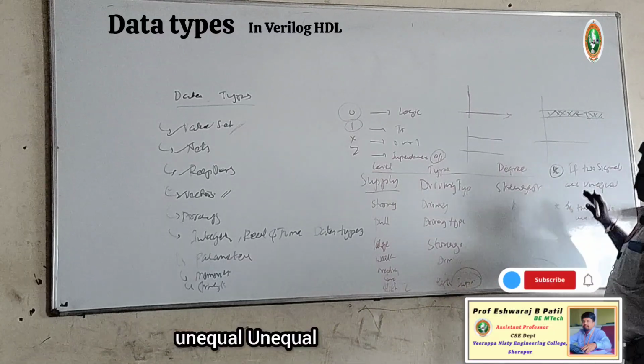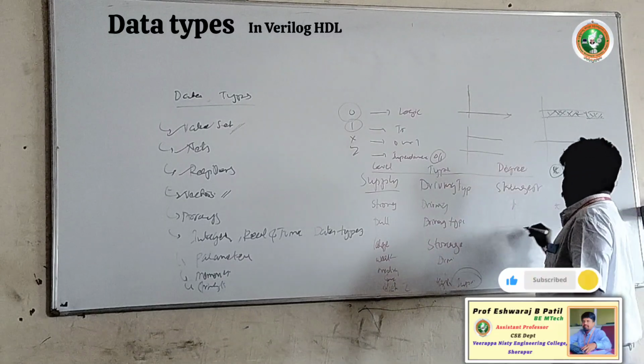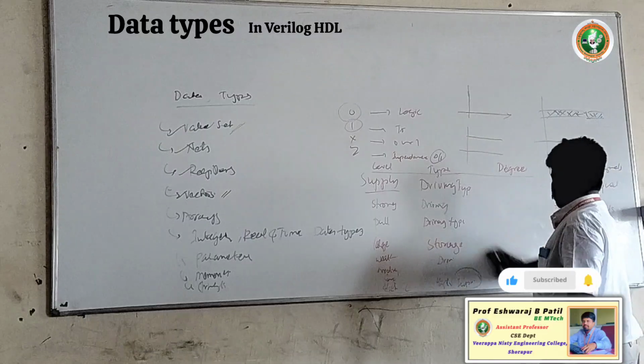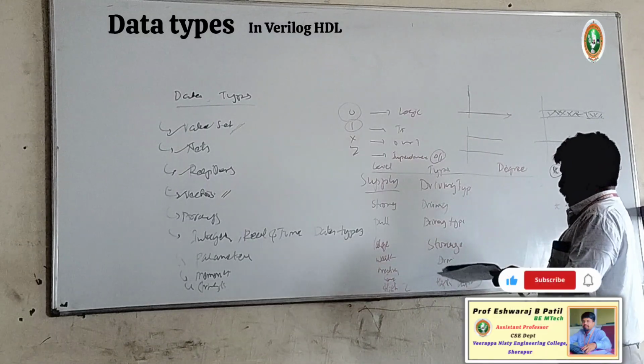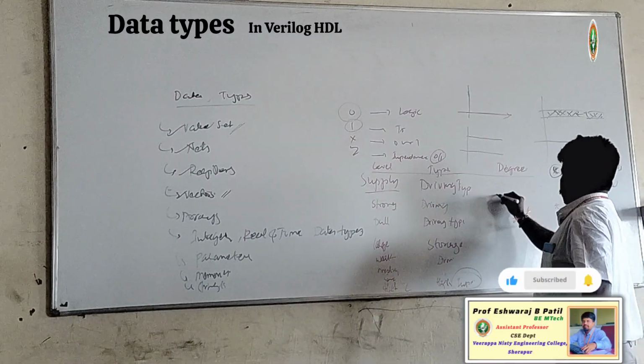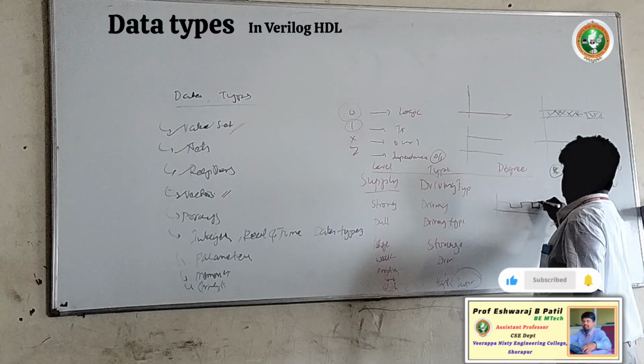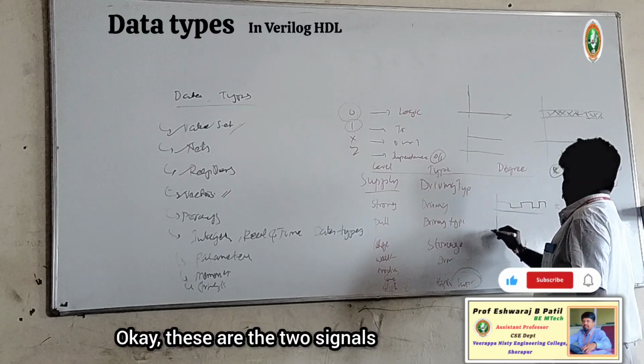Now take the unequal case. Unequal means there is one signal and another signal. Okay, we have two signals here. For example, I have two signals as these.